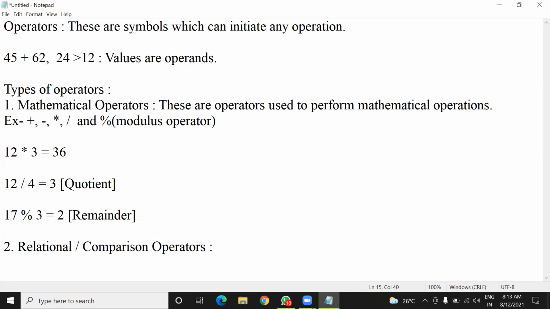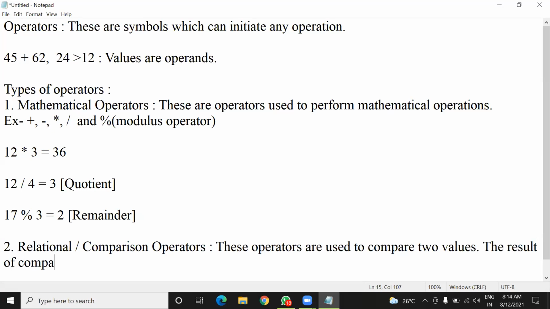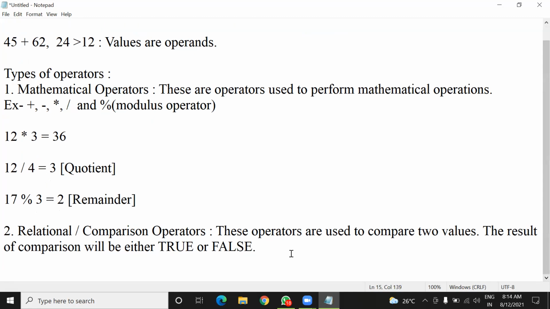Both are the same. These operators are used to compare two values, and after comparison the result will be either true or false. Either one of these two can be the result.